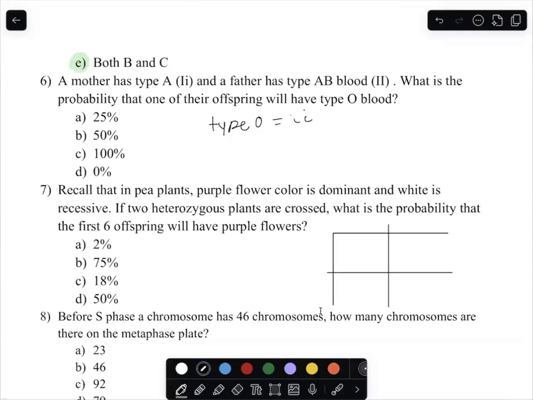And just by looking at their blood types, we don't have two little i's to match. You could do the cross, but just by looking at it, there's no way that you could get a double i. So the answer is 0.